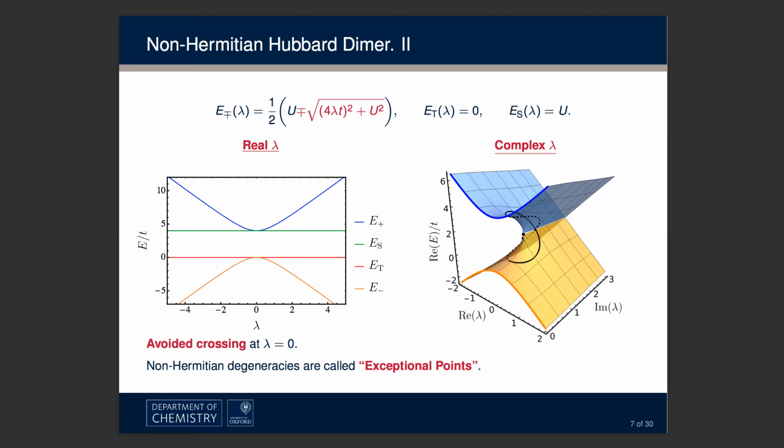And it is an exact degeneracy, which means that the two states are exactly degenerate. And in fact, the wave functions are also equivalent and exactly the same at that point. So the reason you get this degeneracy, hopefully you can see, is because the square root term goes to 0.